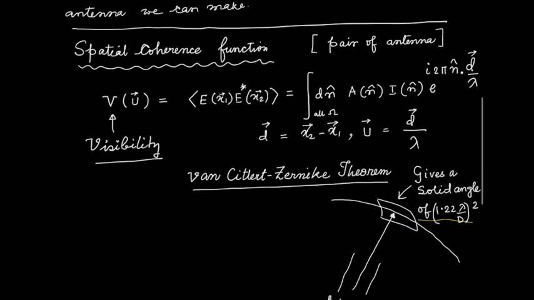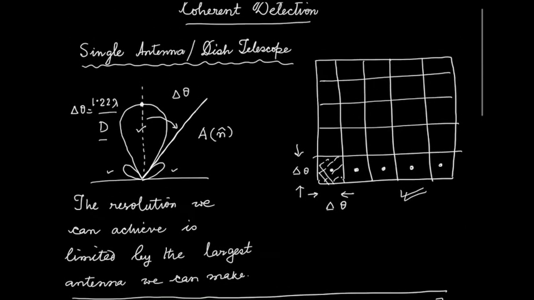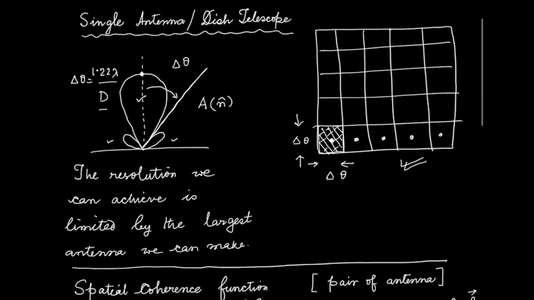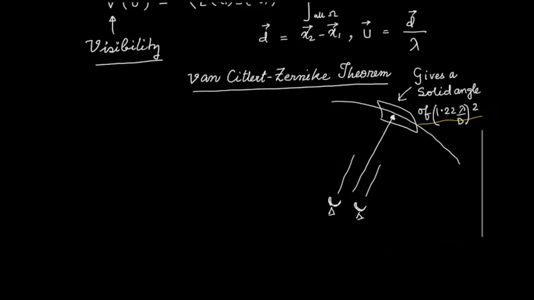So this patch in the sky is nothing but this shaded region here, which is the entire thing that I can collect electric field of if I'm pointing my antenna towards the center of this grid. This is the exact same thing I'm doing here. That small patch is that small grid.